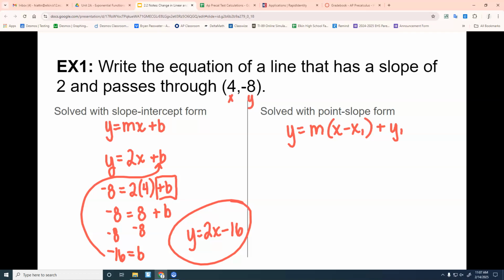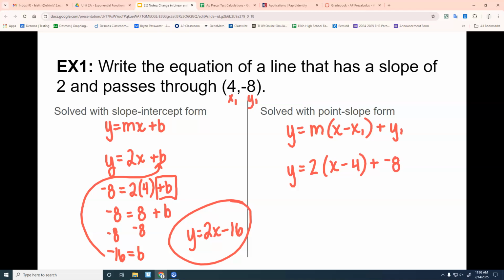Point slope form is helpful because if you know the form, all you've got to do is plug in x, we're going to call this now x1 and y1. So you're going to do y equals slope is 2. You leave the x there, it stays, minus x1, which is 4, plus y1, which is negative 8.